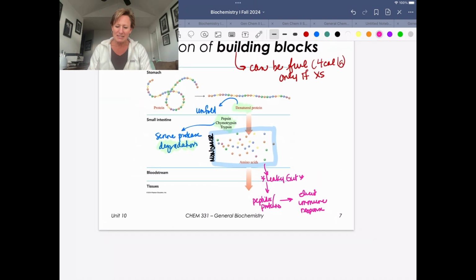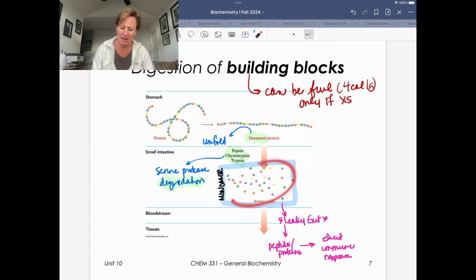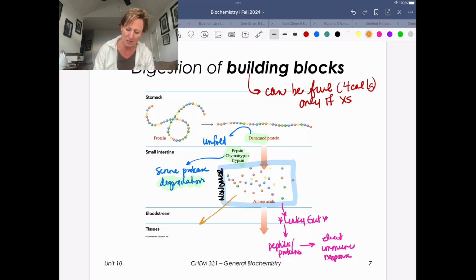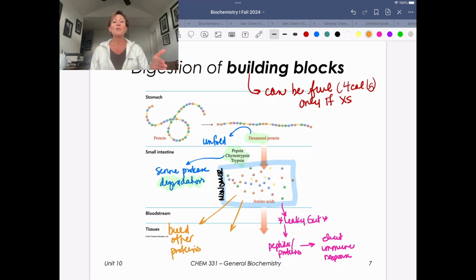So purpose again of having these building blocks, having these amino acids, just one last little piece to map on here. These amino acids are generally going to be used for one of two functions. We are either going to build other proteins. Remember, half of the amino acids are what we consider essential. We cannot produce them, so we need to consume them in our diet. Or we could use those amino acids and make them into amino acid derivatives.